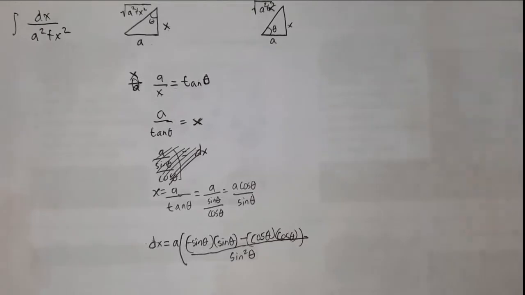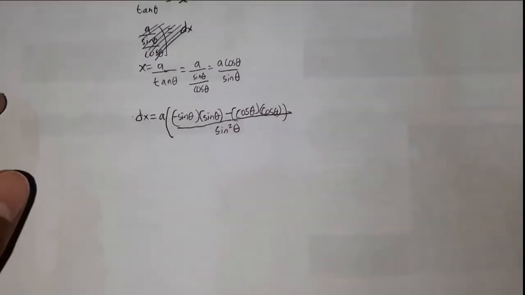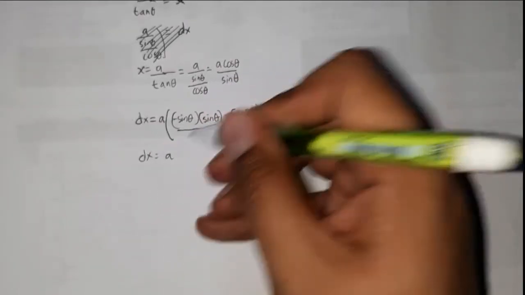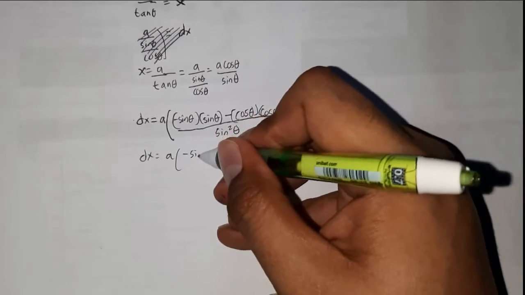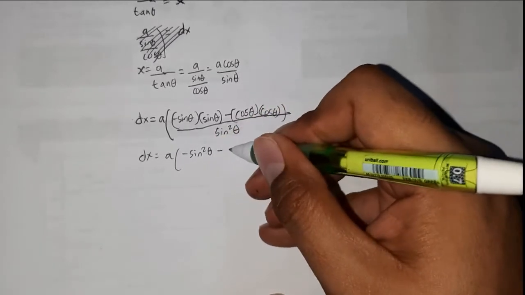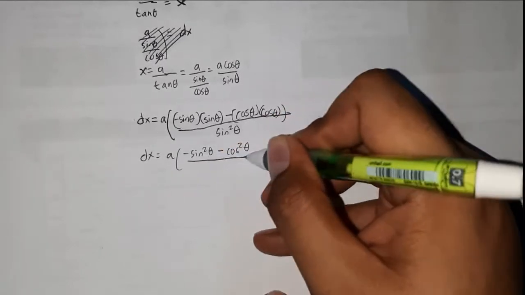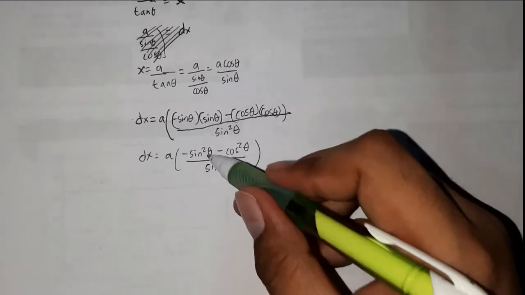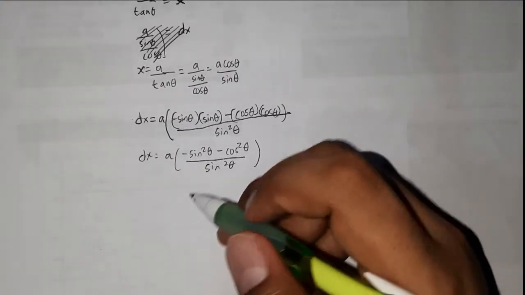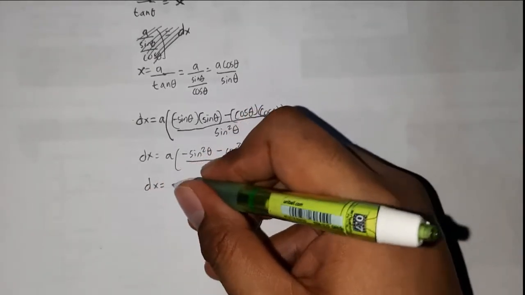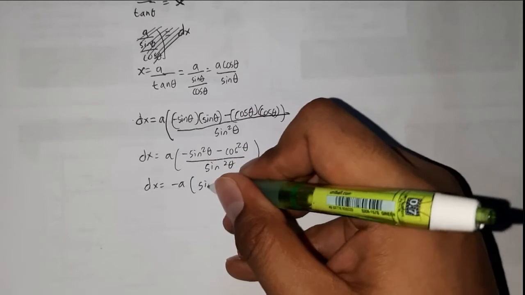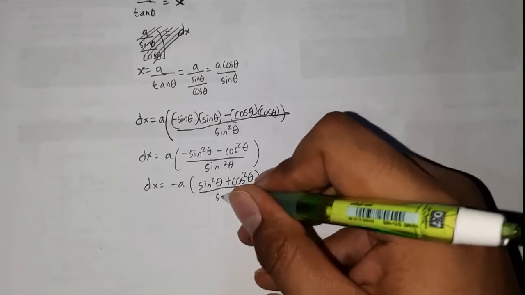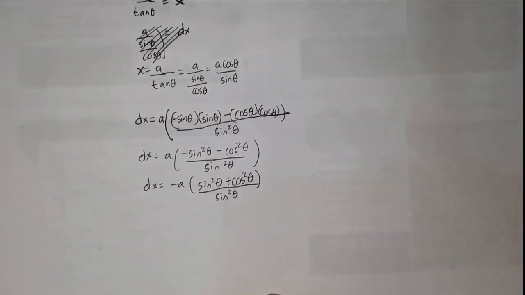Okay. So, yan. So, ito, magiging dx equals a times negative sine squared theta minus cosine squared theta over sine squared theta. Okay. Ito, pareho sa negative. Factor out ko sa negative sign. Negative a sine squared theta plus cosine squared theta over sine squared theta. Okay?